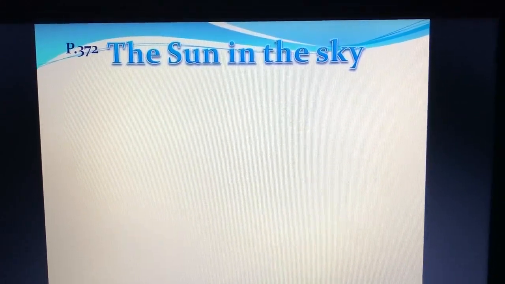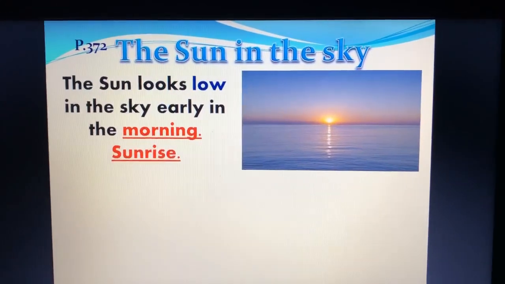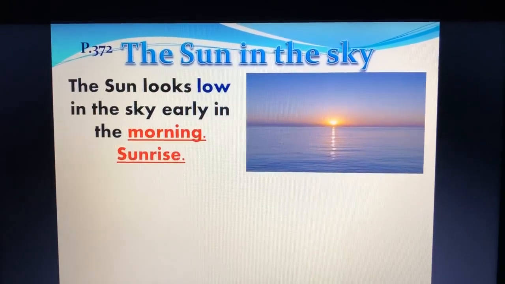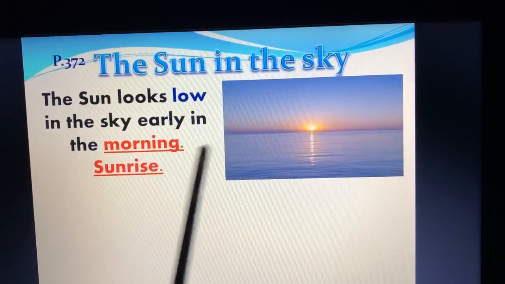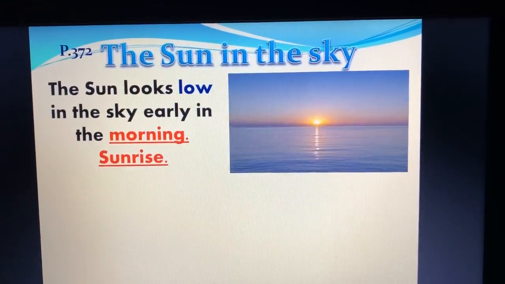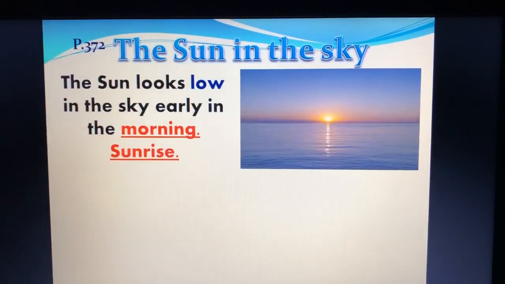Okay, the sun in the sky. In early morning, the sun looks low in the sky. Do you see the picture here?